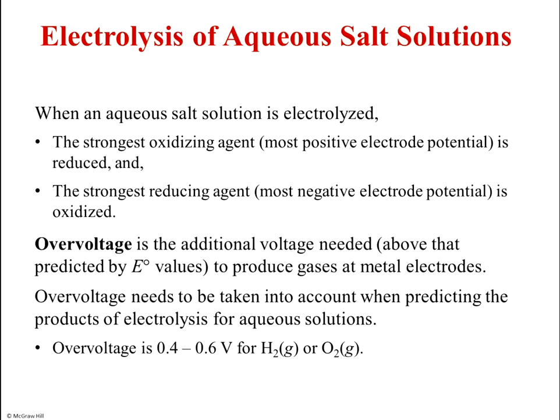So if we take brine solution and we electrolyze it, we'll get chlorine at the anode, and we get hydrogen at the cathode, and we end up with sodium hydroxide solution. This is a large industrial process for making chlorine bleach, chlorine gas, and for making sodium hydroxide.